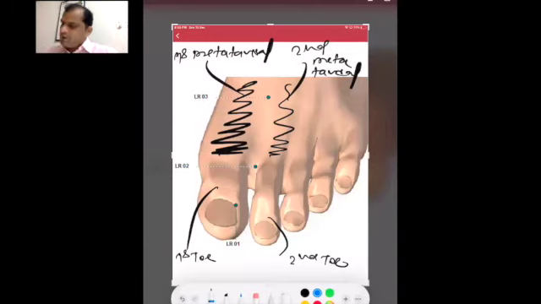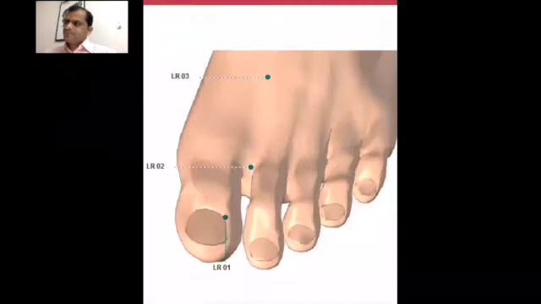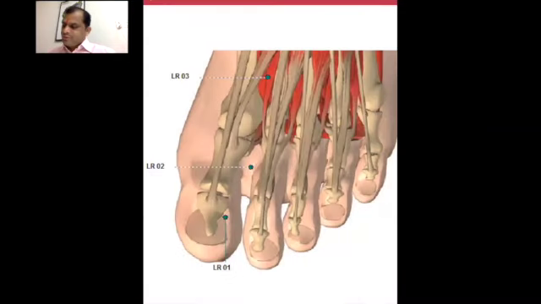In between, we have the location of liver 3. So it is exactly the same as Li4 in the arm. Liver 3 is available in between the first and second metatarsal bone.